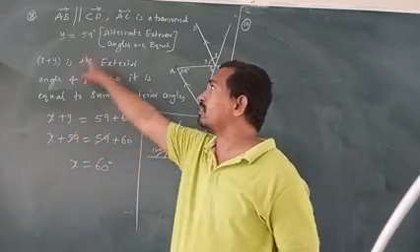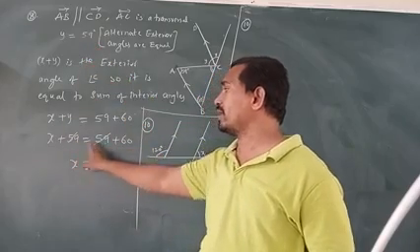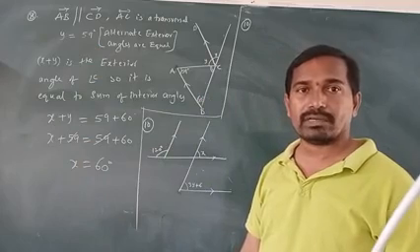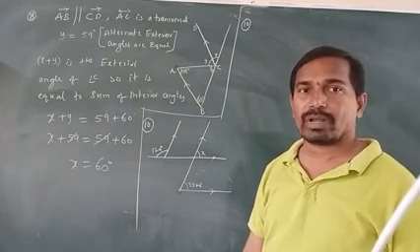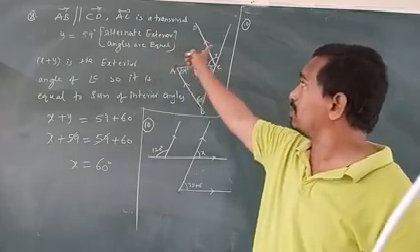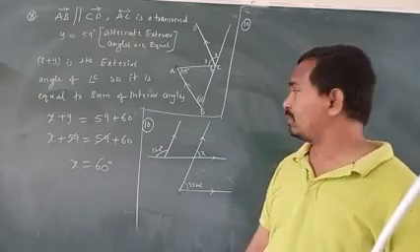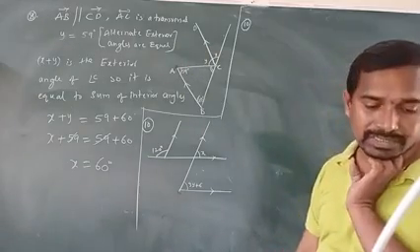But y is 59, so 59 cancels. So x equals 60. We used two properties: the parallel lines and transversal property, and the triangle property.